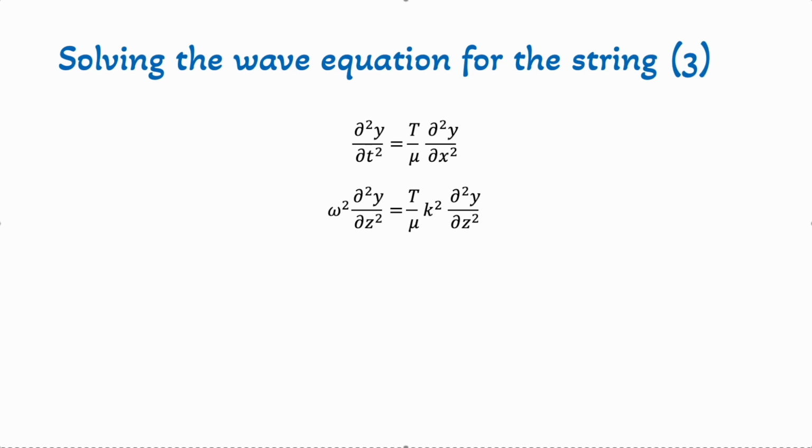Now that means we've got d2y/dz squared on both sides, so we can divide both sides by it and cancel it and end up with only constants in our equation. This is wonderful, of course, but we need to be a little bit careful, because if you divide by something, that's not a valid step if d2y/dz squared is equal to 0.